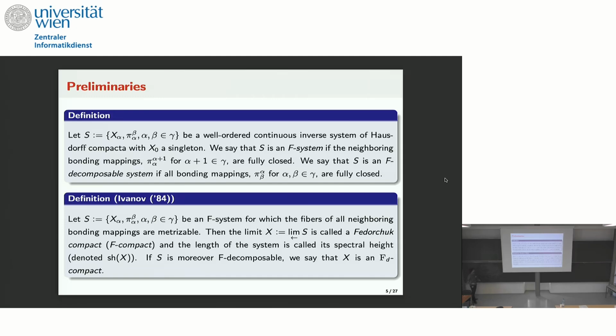What Fedorchuk did, and what later Ivanov generalized, is the condition that all the fibers of the neighboring bonding mappings are metrizable. We'll call the limit of such a system a Fedorchuk compact or an F compact. And if the system is F decomposable, we'll call this an FD compact.